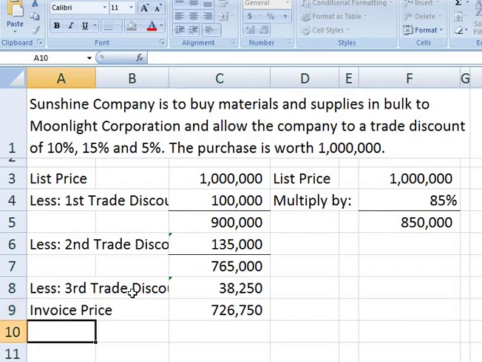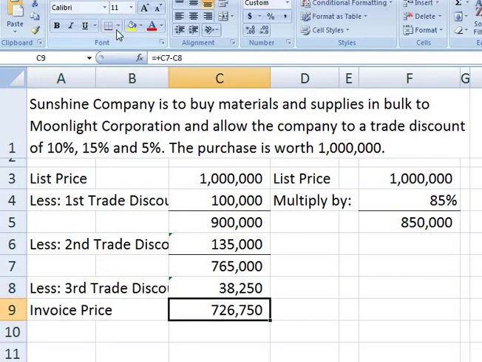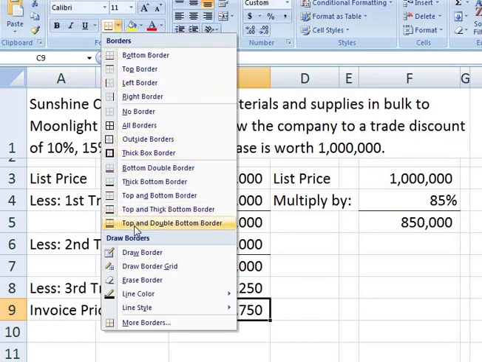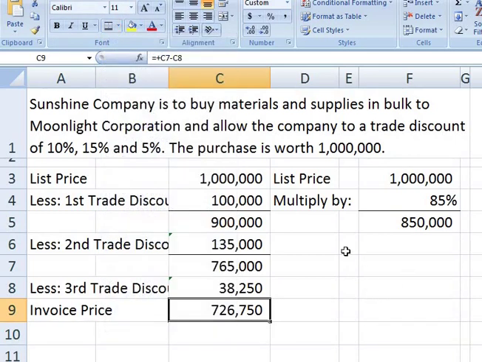Again, this is the amount that will be reflected in your records. So itong si Sunshine, magre-recognize ng purchases amounting to 726,750, whereas Moonlight Corporation will be recording a sales of 726,750.